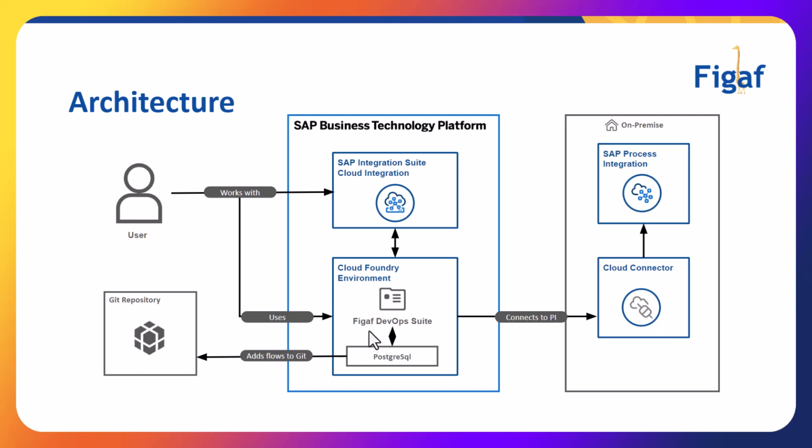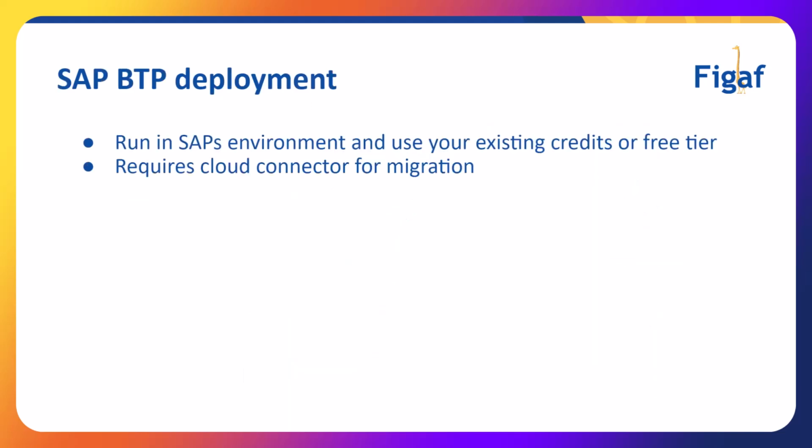In BTP, you will also use the Postgres service, and all of this will connect via Cloud Connector to the on-premise system. If you install Figaf on a local system, you would not use the Cloud Connector, but just connect directly to it. We do have Git. That's more advanced, so we'll probably create a different video on that later.